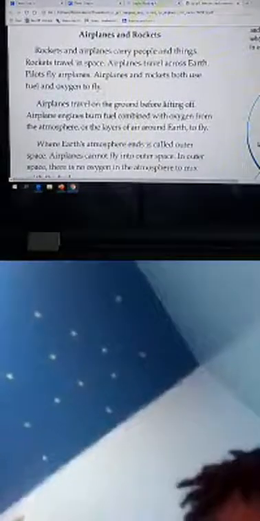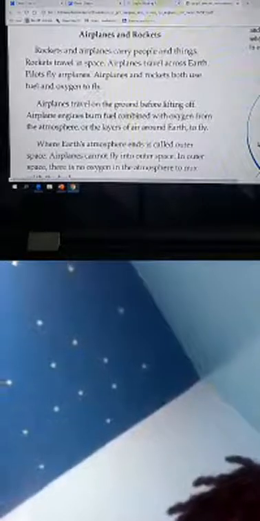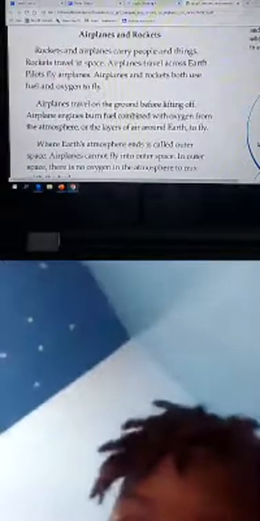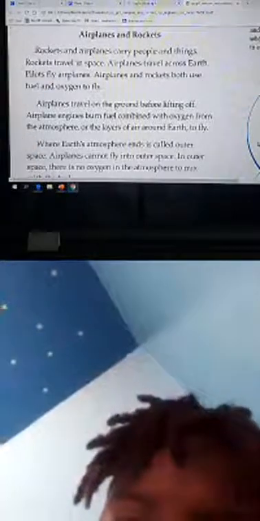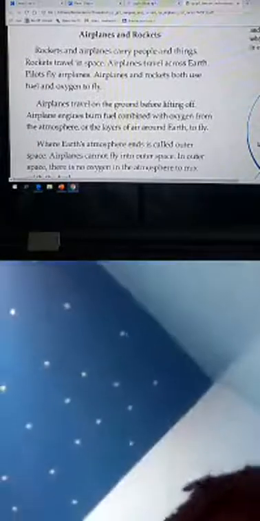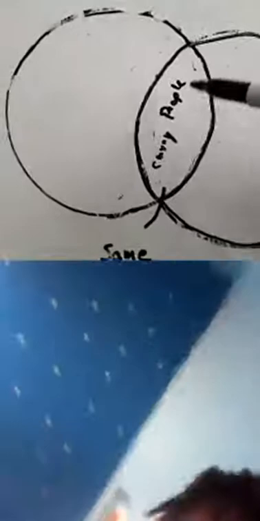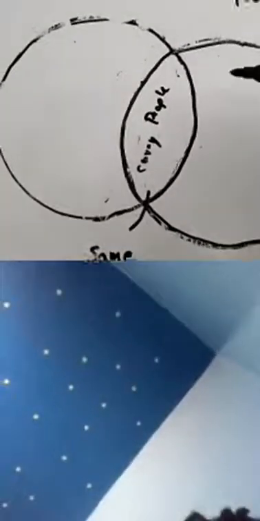When we start reading, it said rockets and airplanes carry people and things. You see it? When we see the word "and," is that a clue word to let you know you're going to compare or contrast? Compare. So on our Venn diagram, the same is compared. So I wrote carry people. I know that airplanes carry people, and I know rockets carry people.